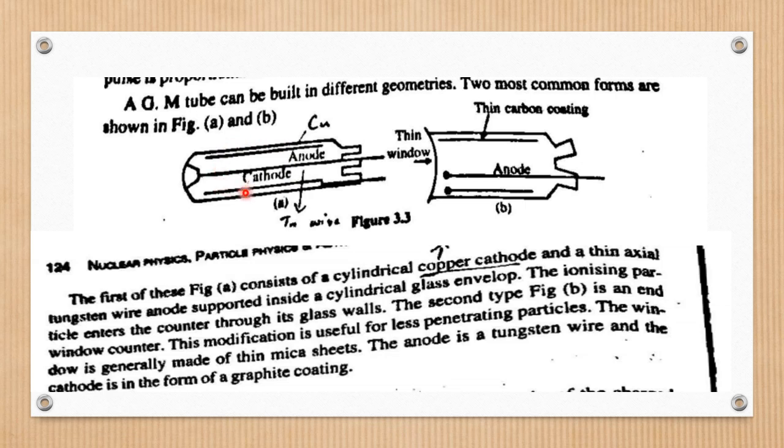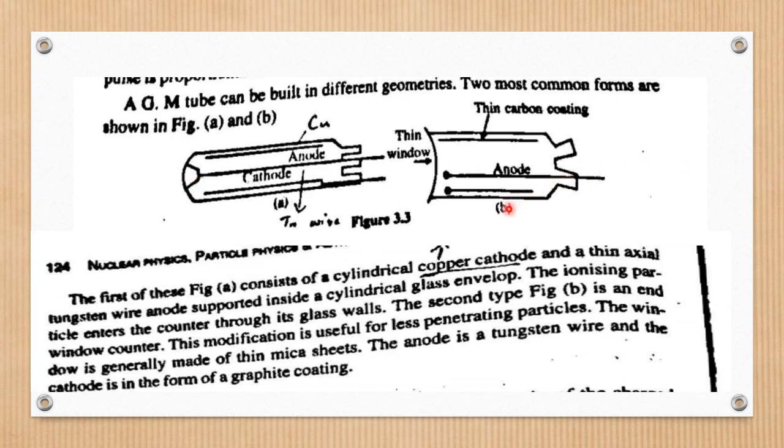This whole thing is supported inside a cylindrical gas envelope. The ionizing particles enter the counter through its glass walls. This is the first arrangement. You can see the cathode, anode and incident glass walls.